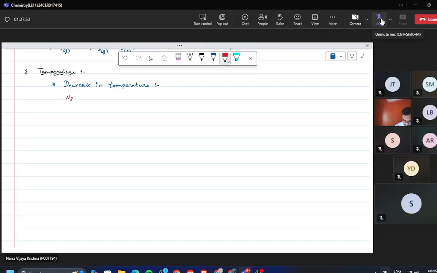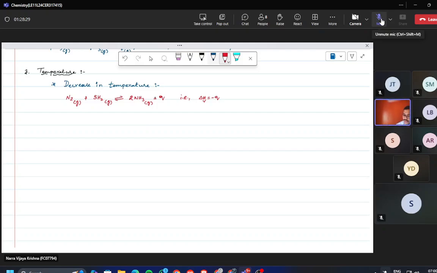Now see this. N2 plus 3H2 gives 2NH3. Is it exothermic reaction or not? So delta H of reaction is less than 0. Instead of writing that, can I write minus Q? That is delta H is equal to minus Q. Why have I written that way?